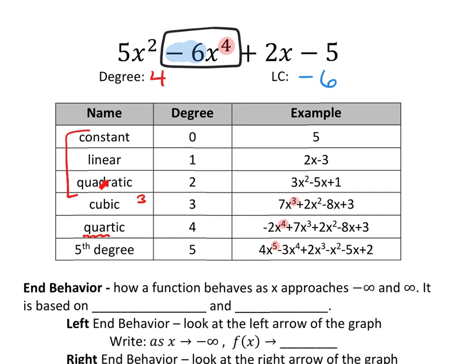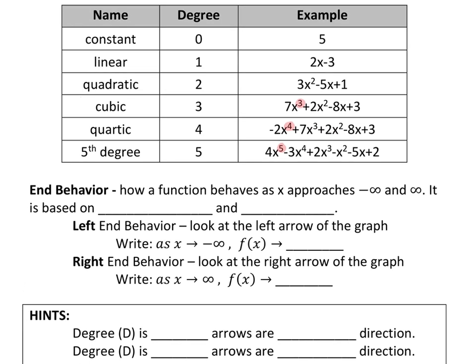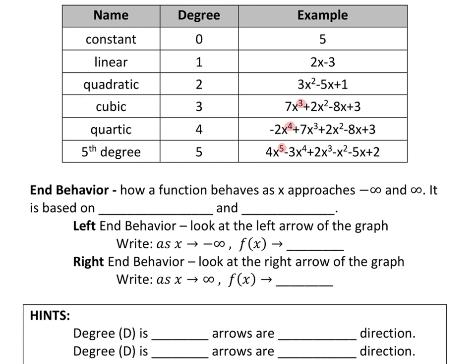Quarters, 4. Okay, now these 2 things, the degree and the leading coefficient, help us out with something called end behavior. Now this is super important. This is kind of the main gist of today. This is what I really want you to be able to do. So put an exclamation point next to this, a star or something. End behavior is the main goal of today's lesson.